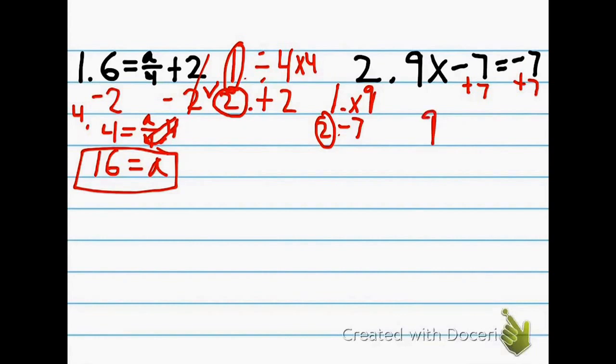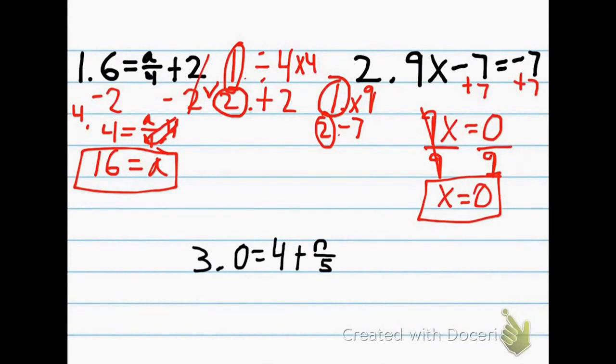You're left with 9x equals 0. So step number 1, now instead of multiplying by 9, we have to divide by 9. So these cancel out, and then you're left with x equals 0. So that's your answer.